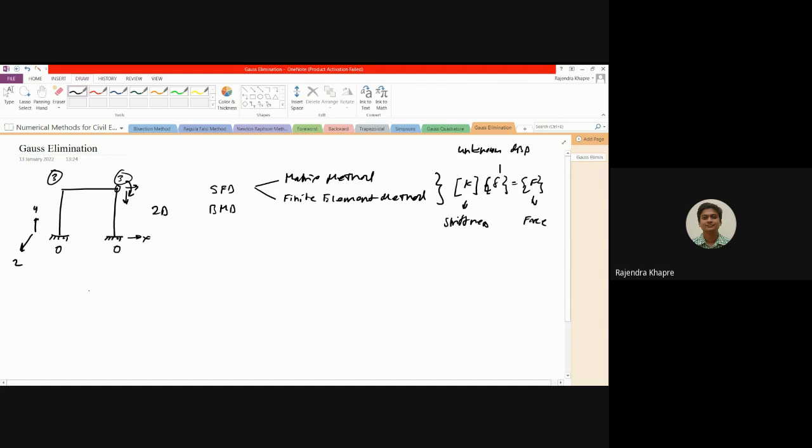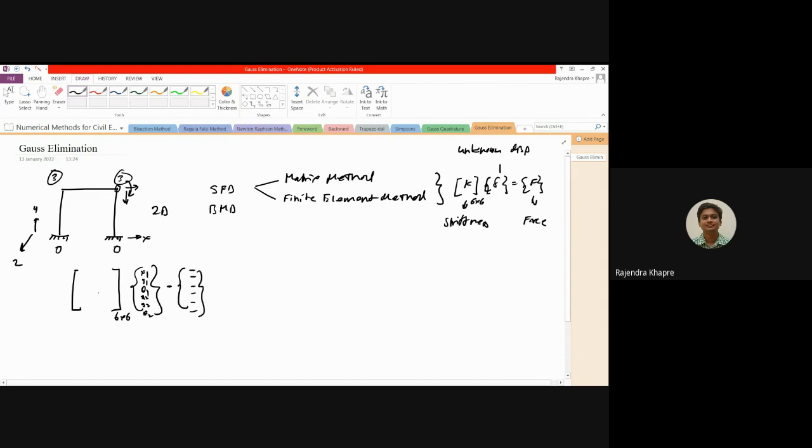So if you use either the finite element method or the matrix method, this stiffness matrix will be created. It is of size 6 by 6. This big matrix will be multiplied by the unknown displacements x1, y1, theta 1, then x2, y2, theta 2, and so on, equals some values of forces.